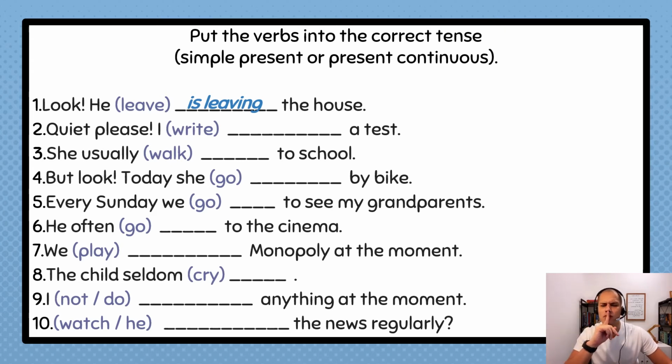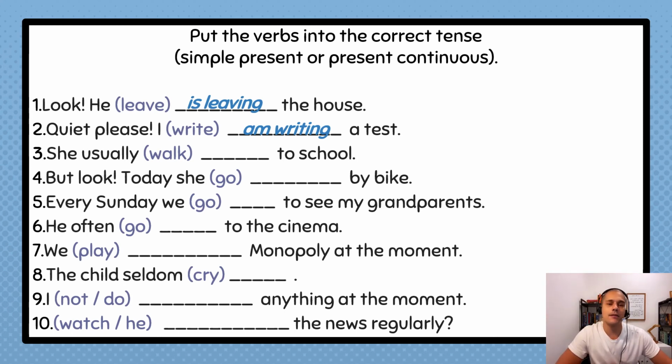So quiet, please. If I ask for silence, I ask you to be quiet. I'm asking you to be quiet right now. So it's something related to the moment that we are talking. So present continuous. Psst, quiet. I'm writing a test. Of course. She usually blah blah blah to school. We have here, guys, usually.